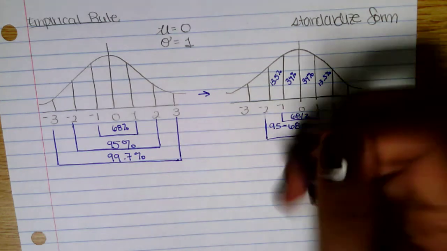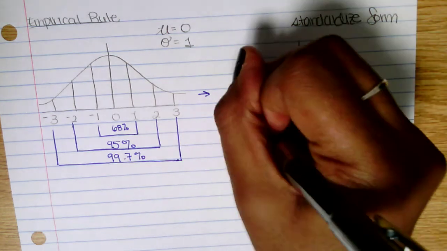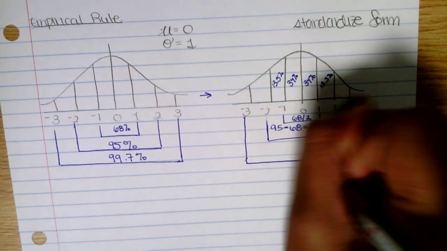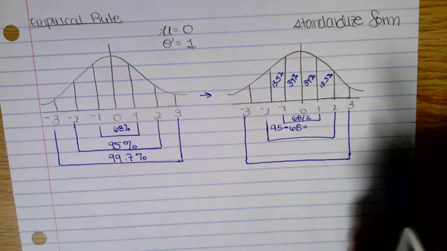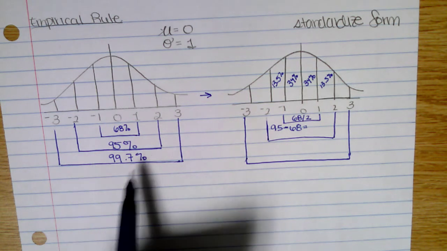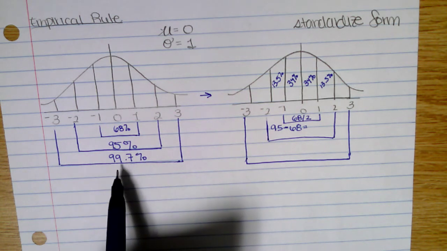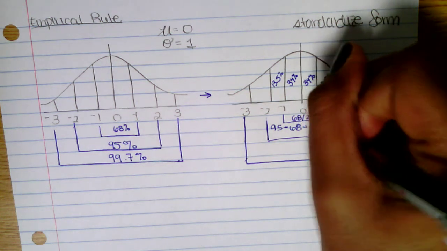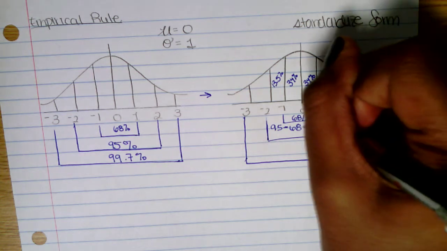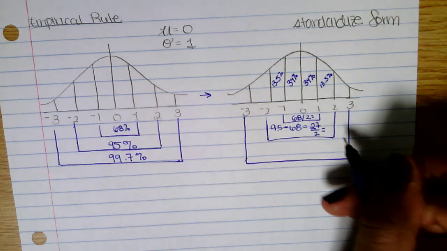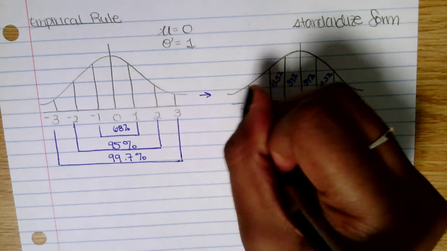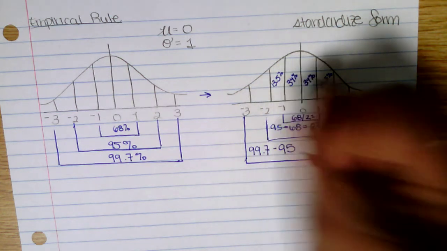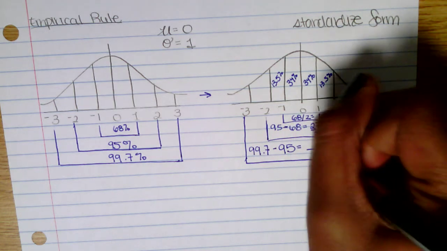Now, for the last part, we can do the same thing. We know that the last portion has 99.7% of the data. So we're going to do 99.7 minus the 95, and then we're going to divide the answer by 2.